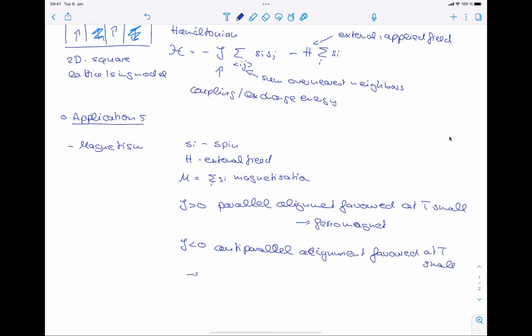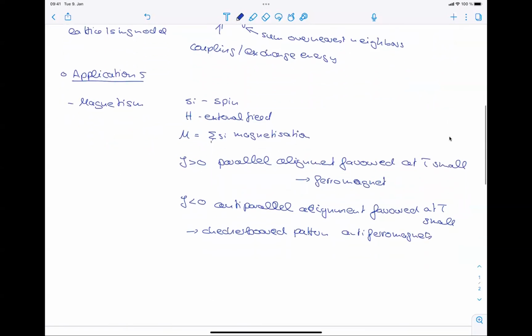And this would give rise to a checkerboard pattern, and represents anti-ferromagnets. And then obviously, just to be conclusive, we can also have J equals 0. So we have no interaction. And that's kind of boring, because if there's no interaction, then we also have no phase transition. That's the boring case.